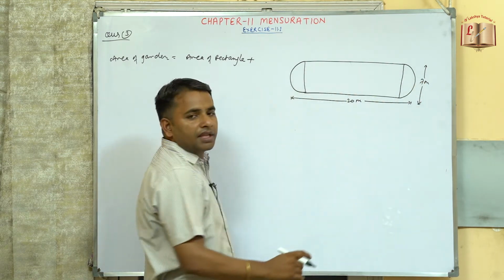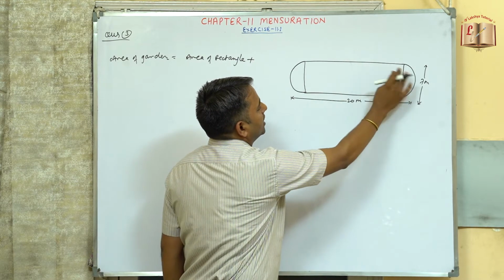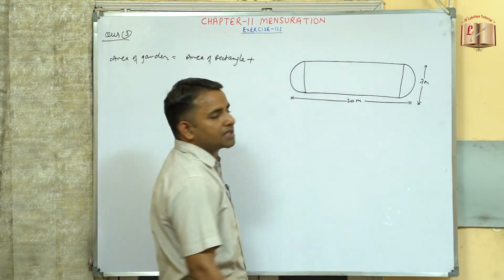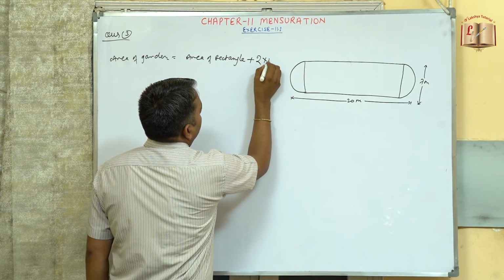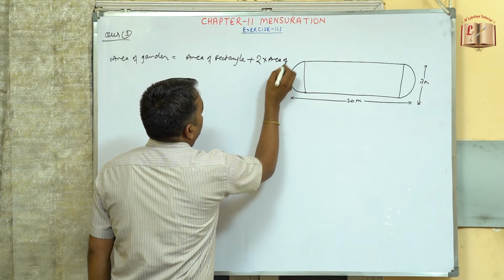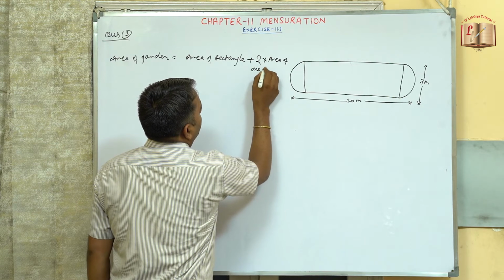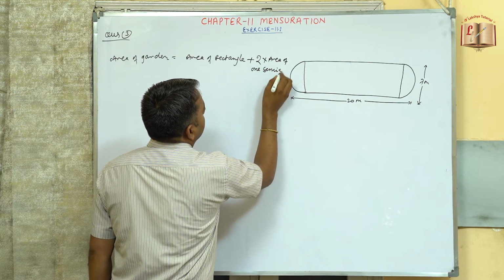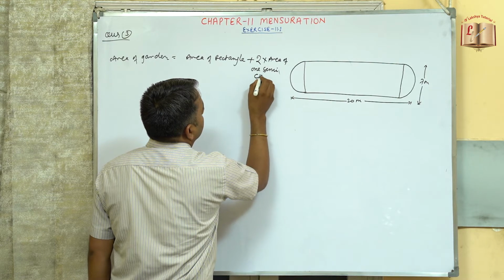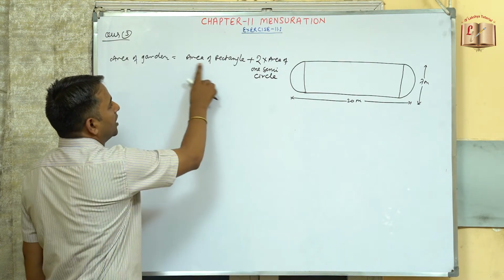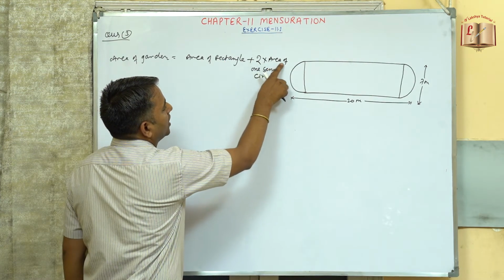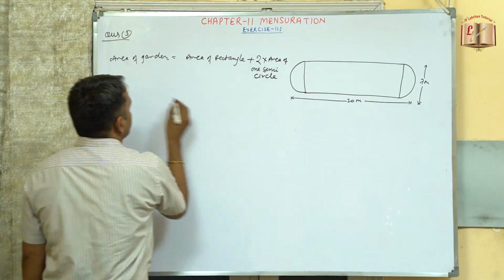So if we find the area of the rectangle and add the area of these two semicircles, the area of the whole garden will come. This will be 2 into area of one semicircle. So the area of the garden is area of rectangle plus 2 into area of one semicircle.